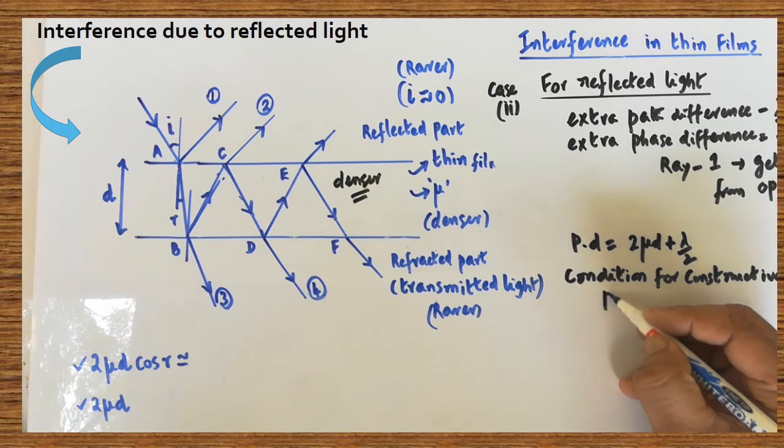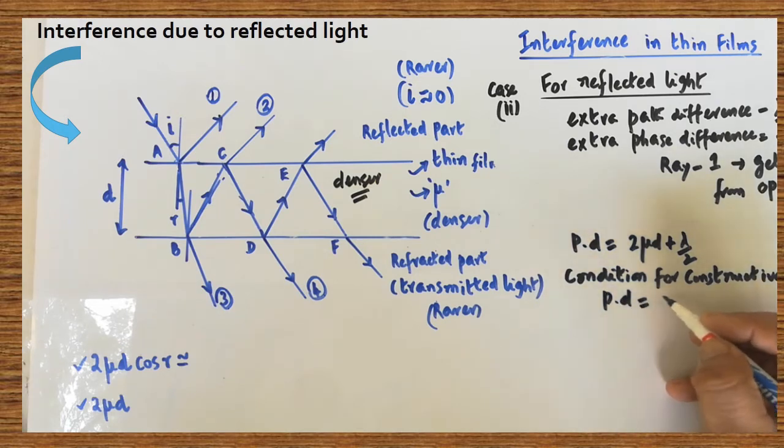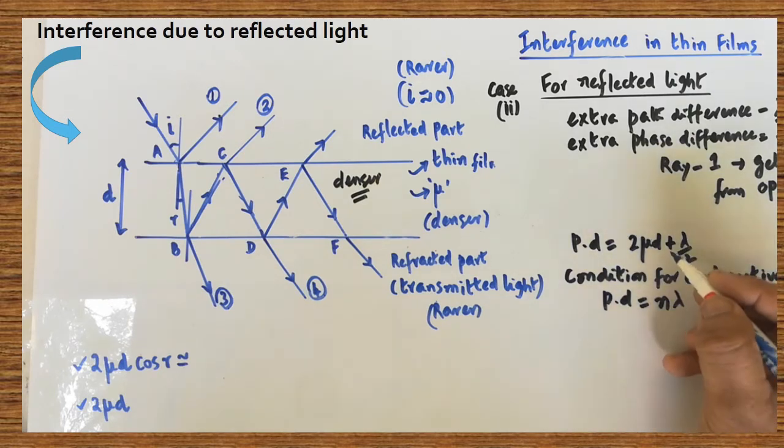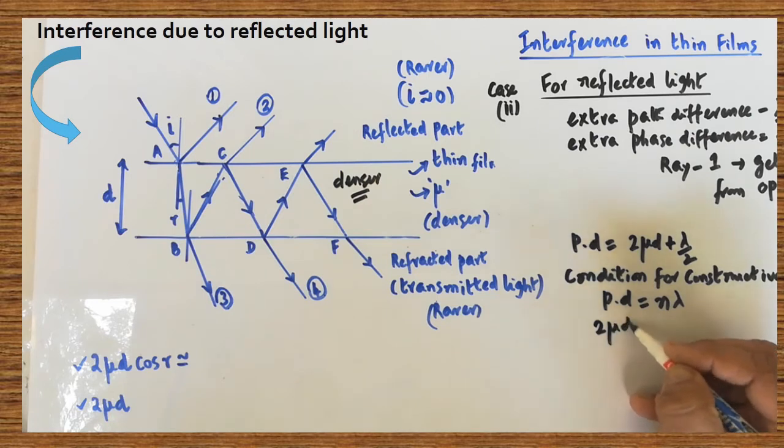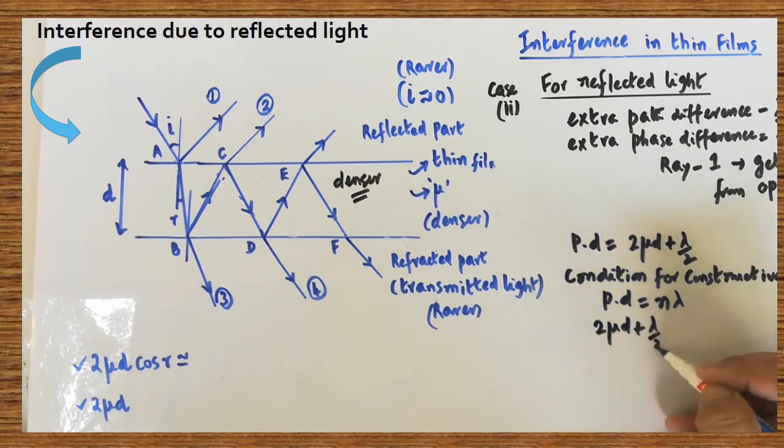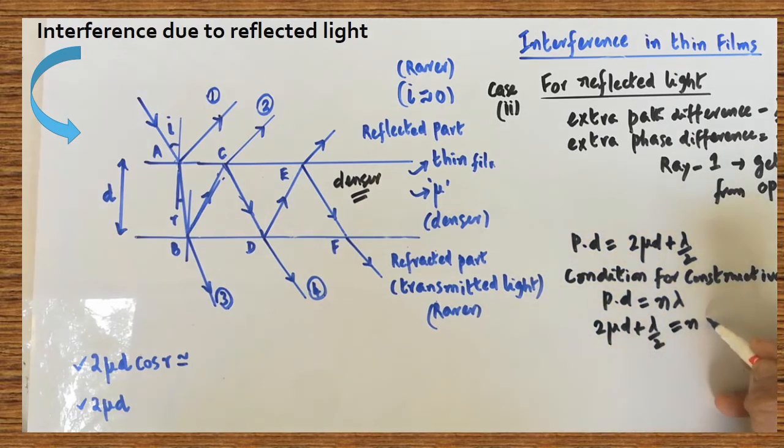Here the path difference must be equal to N lambda. Already you have learnt this. Here the path difference value is altered. It is not like as seen in the case of Young's double slit experiment. Here the real path difference is 2 mu d plus lambda by 2, which is equal to N lambda.